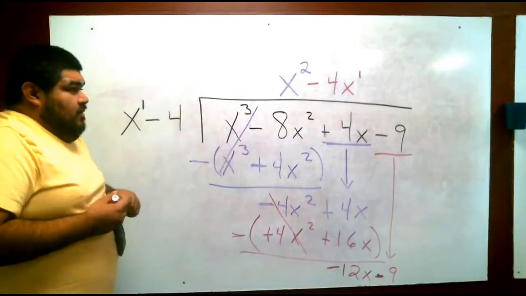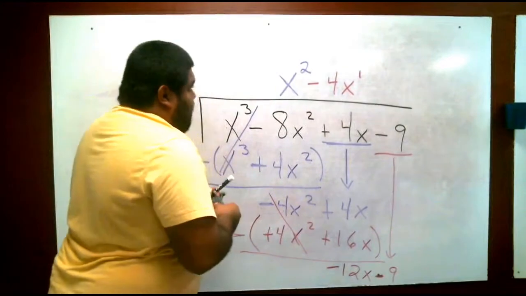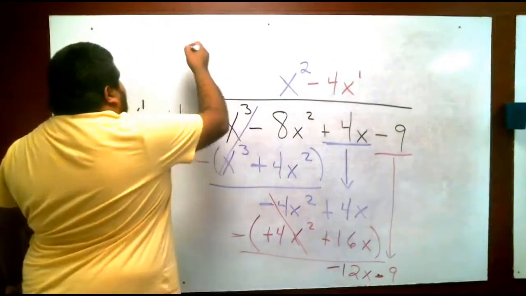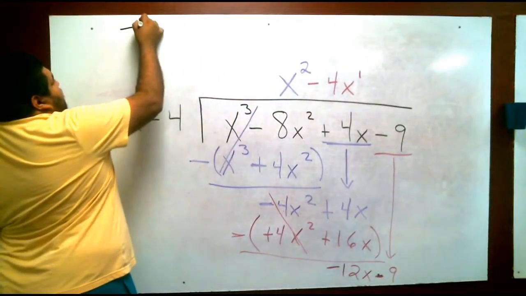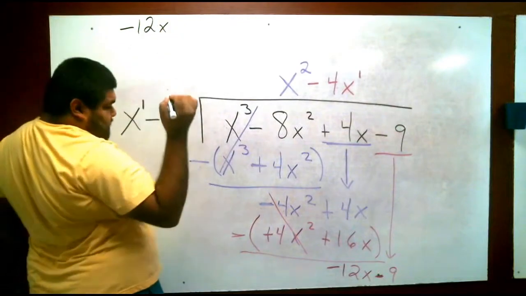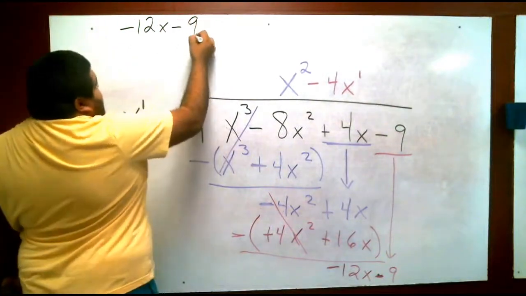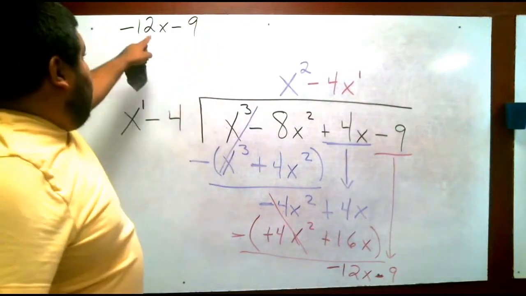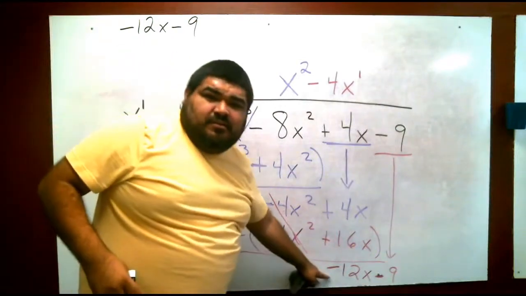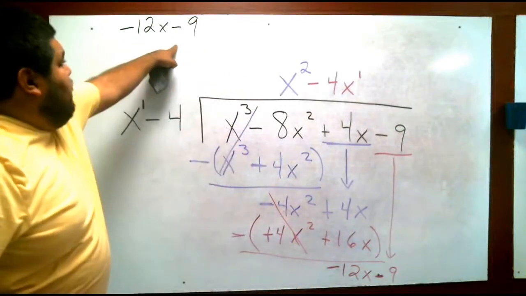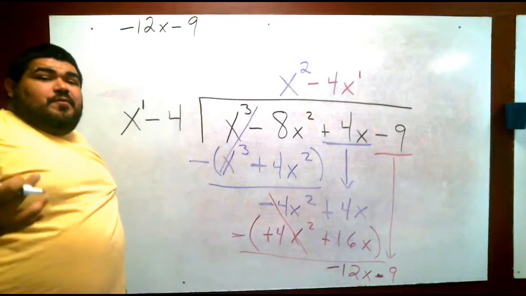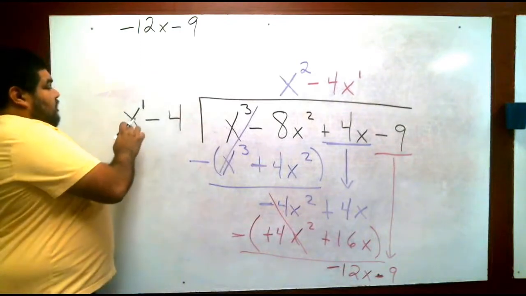Okay, so now we know that we have negative 12x minus 9. Okay? It's up here. What I have down here is now up here. Okay? Again, we're looking for a number from x.